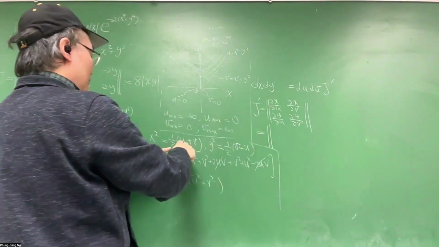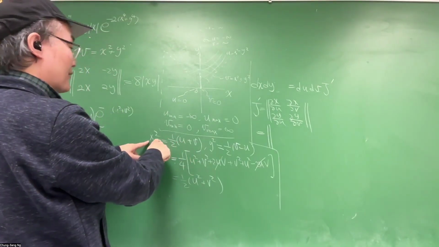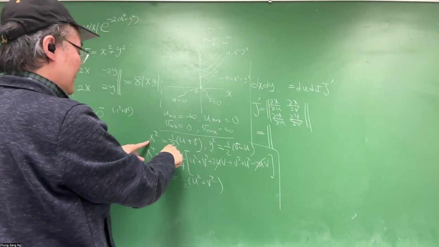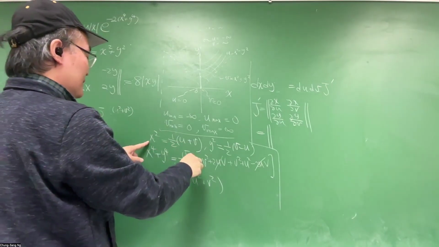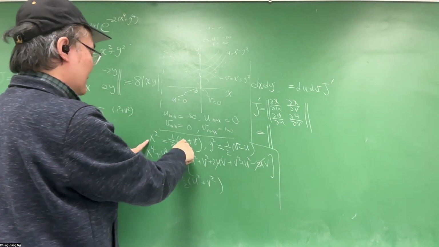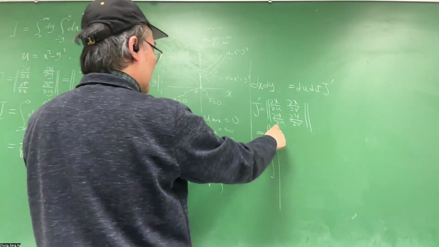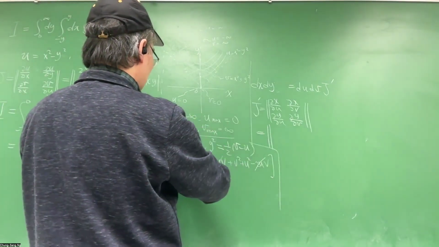So this is plus x plus u, there's a square root of that, and it's a little bit complicated. That you can say is minus 2x, right?